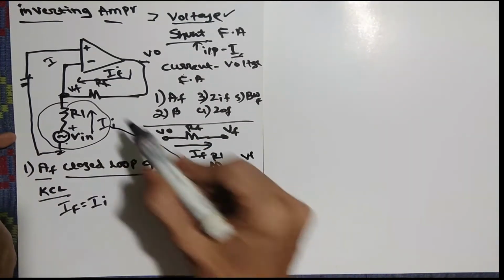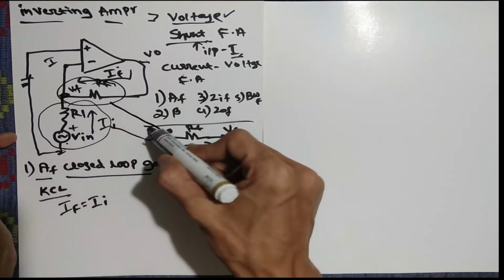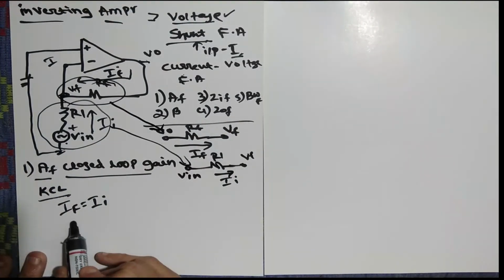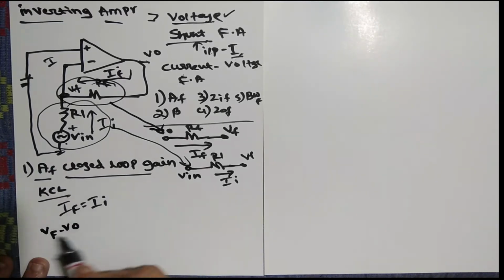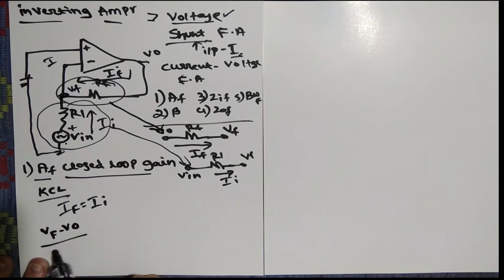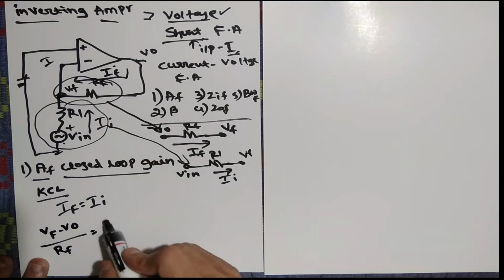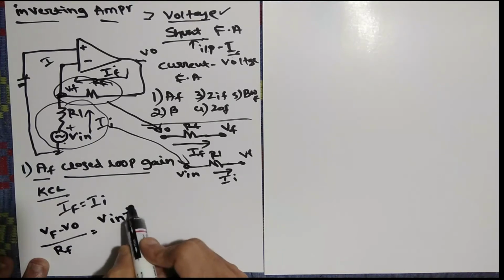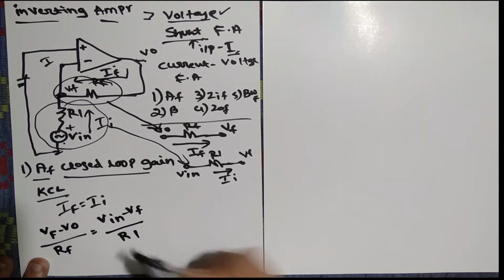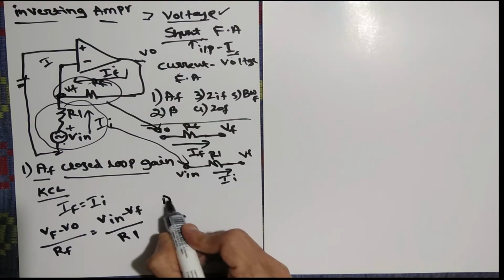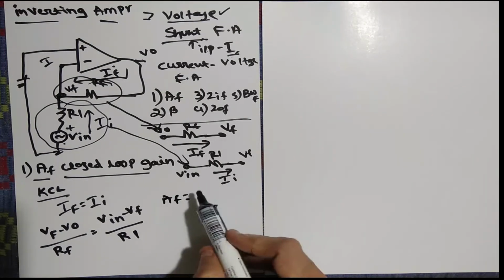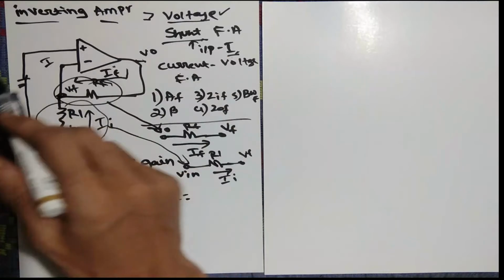So from this we can write IF and II: IF is VF minus V0 divided by RF, and II we can write as Vin minus VF divided by R1. This is what we got from KCL. Now our aim is to find AF. We know that in our case AF is nothing but V0 divided by II.